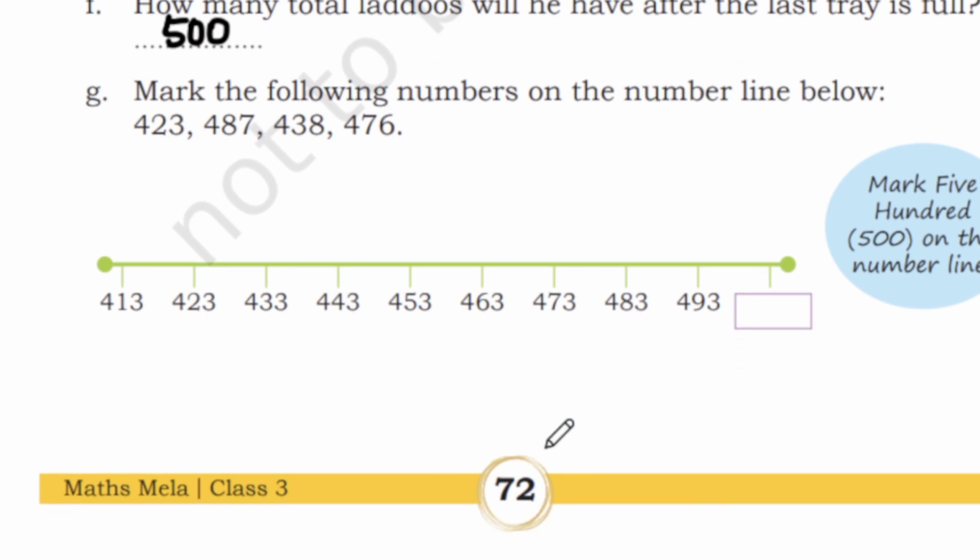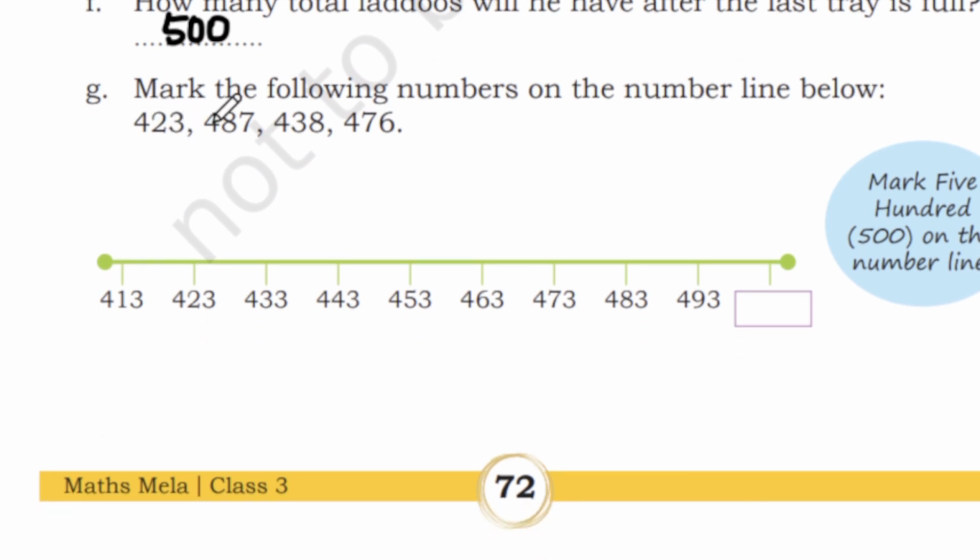Mark the following numbers on the lines and below. So we have to mark the numbers 423, 478, 438, 476. Here we have to complete the number line. We are given 413, 423, 433, 443, 453, 463, 473, 483, 493, and what will be the next number?